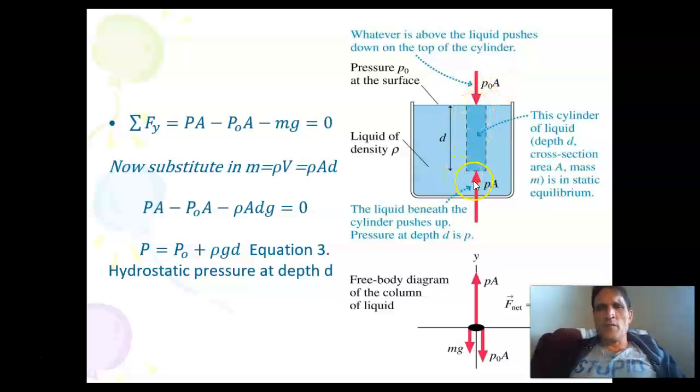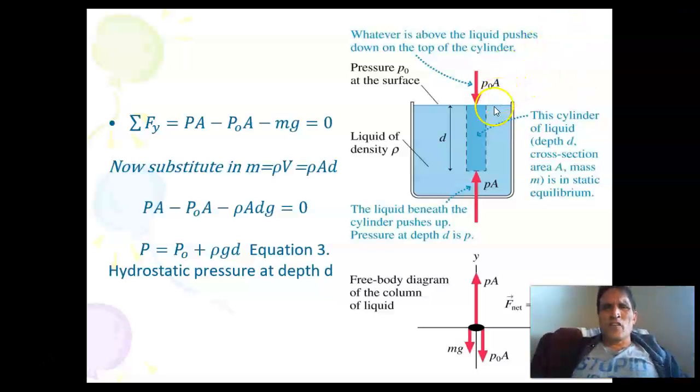At the bottom of the fluid, there's an upward force from the fluid below it, and that's equal to whatever the pressure is at this point, P, times the cross-sectional area. So there's an upward force exerted by the fluid below on this point, and there's a downward force exerted on the top of this parcel due to the air above it.